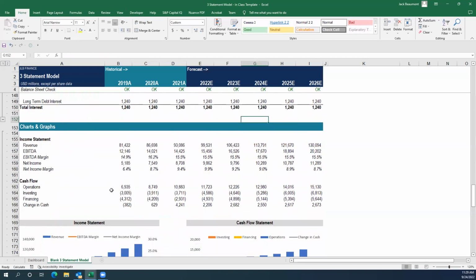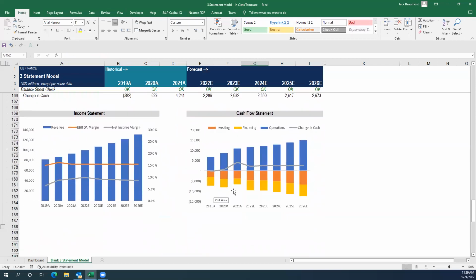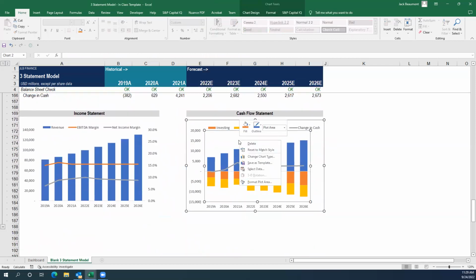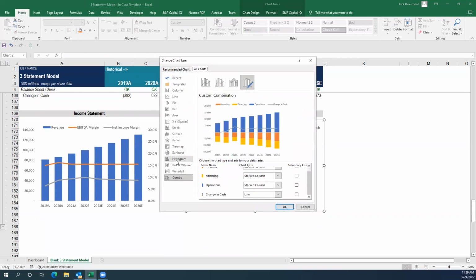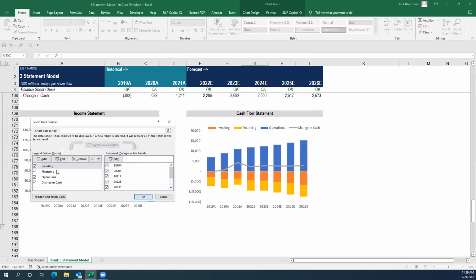So I just added this to fill out, it filled out automatically for you, and I made some charts. And if you want to go see how these charts are made, you can go to see what type of chart it is. This is a combo chart, and you can see where the information is coming from. It's all coming from up here.